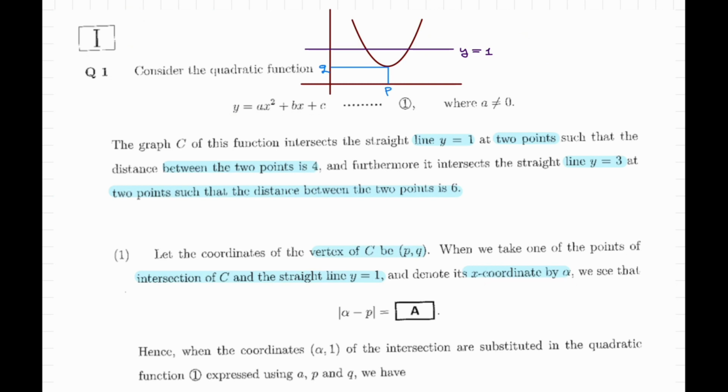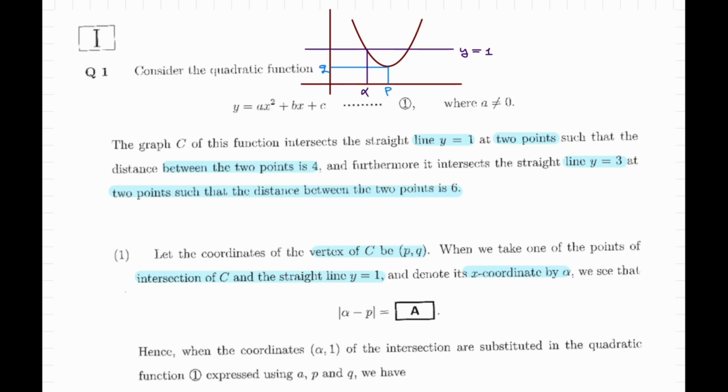So, this is alpha. Of course, you can also say that this is alpha. Once again, no matter which coordinate you take, at the end, it won't make any difference. So, up to you. In my illustration, I will take this as alpha.